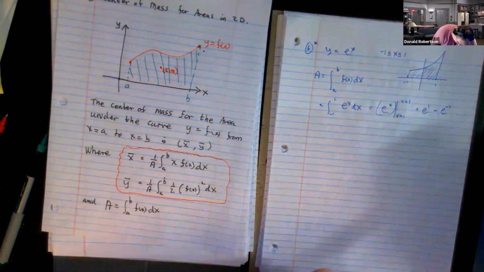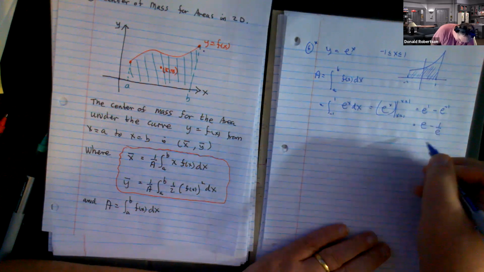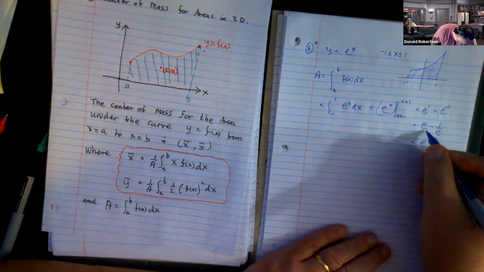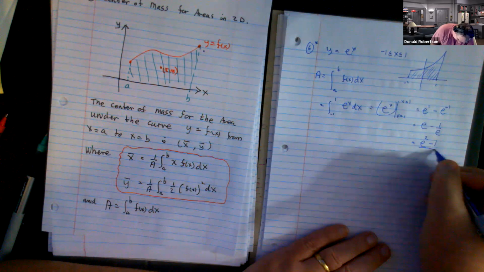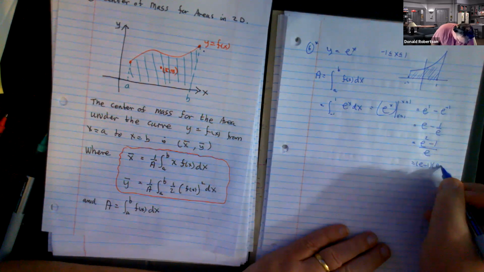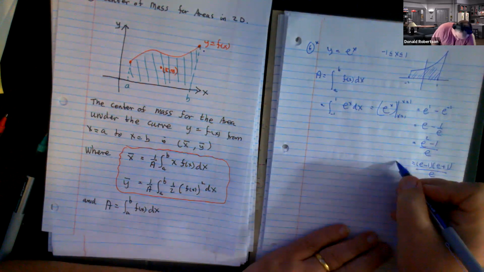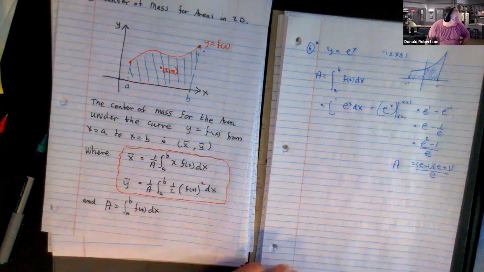Not very pretty, that. So how about e take away 1 over e? That can become e squared minus 1 over e. And that can become e minus 1, e plus 1 over e. And that's just a prettier version of the same expression.